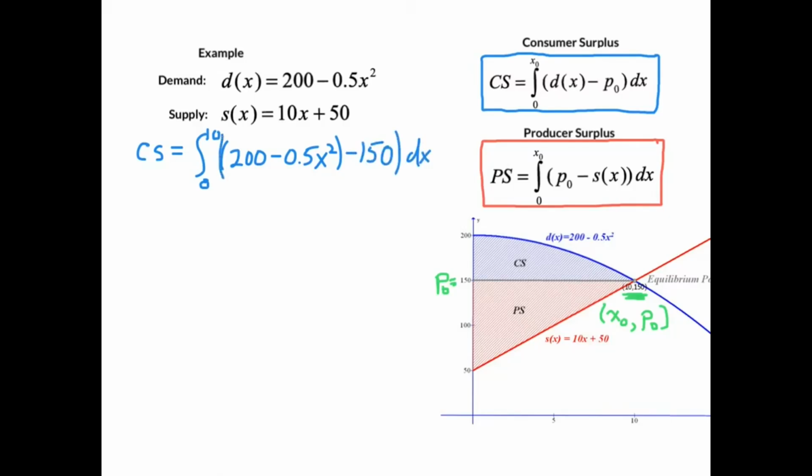So this is the integral that defines the consumer surplus. And if we clean it up first before we integrate, we end up with the function 50 minus 0.5x to the second.